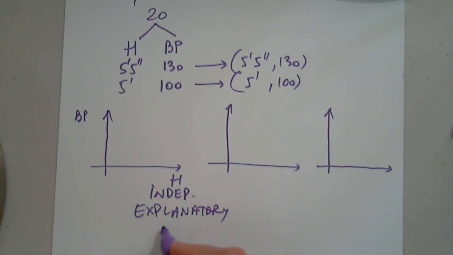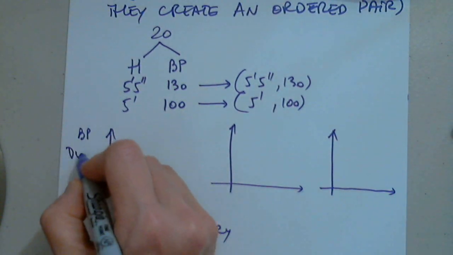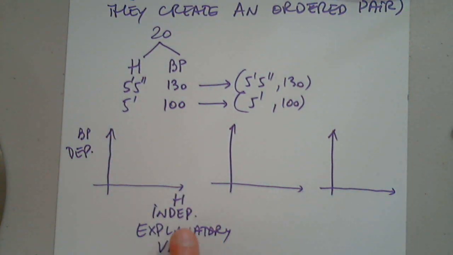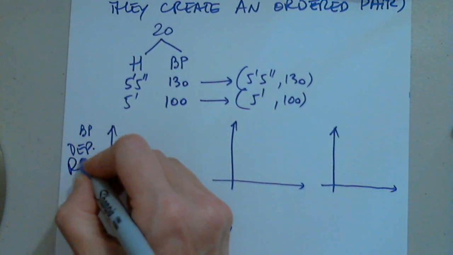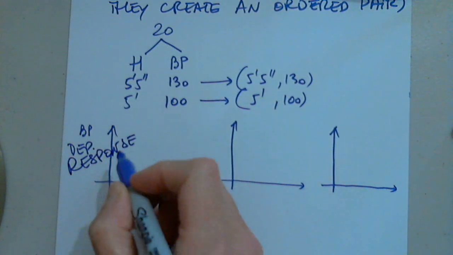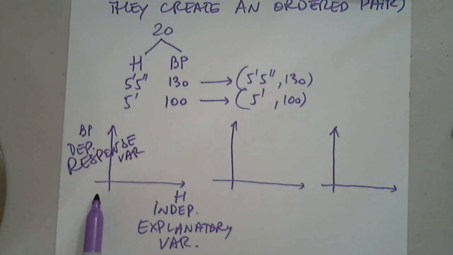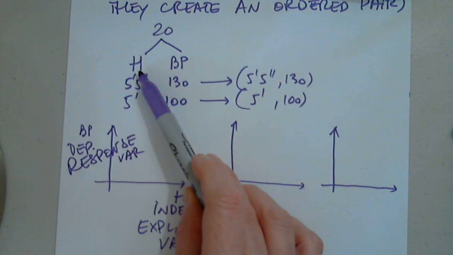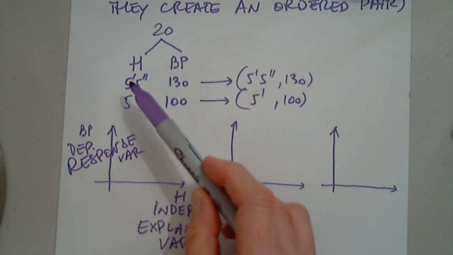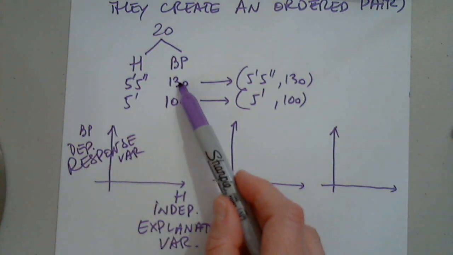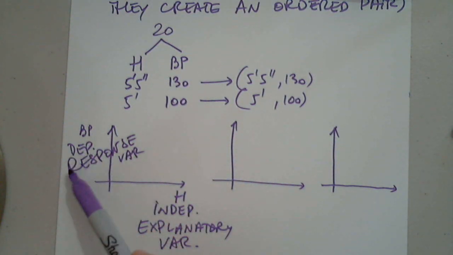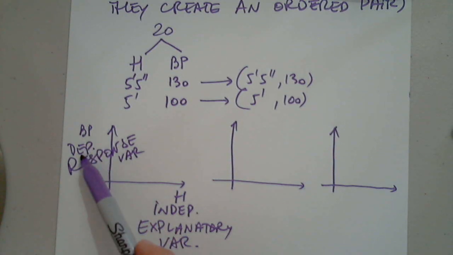The blood pressure is the dependent variable, also called the response variable. So on the x-axis I put the explanatory variable, height, and the response variable, blood pressure, the dependent variable, is the y variable.